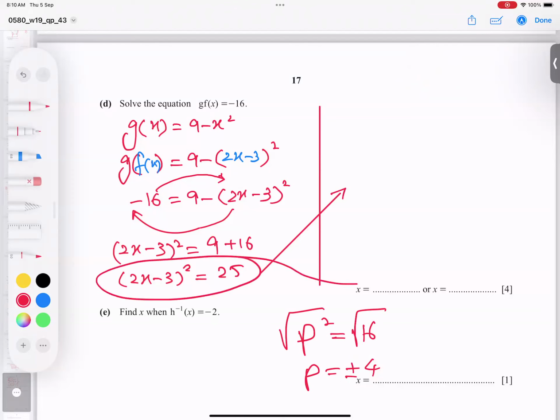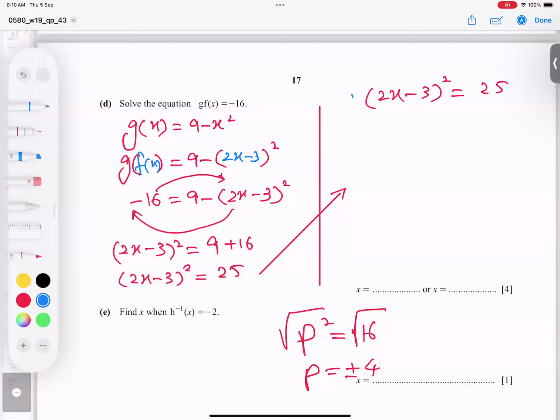The same process I'm doing here. 2x minus 3 whole square equals 25. If I take the root of the left side and the root of the right side, plus and minus is compulsory. This power 2 and root will cancel out like this. Okay. Right side, I can say 5.